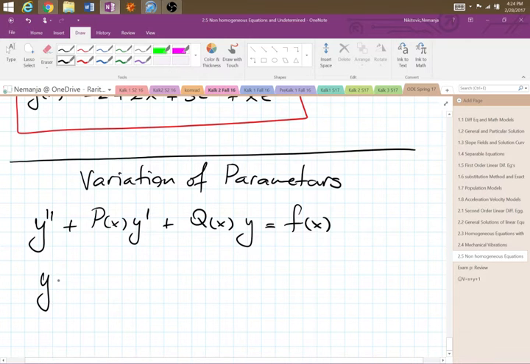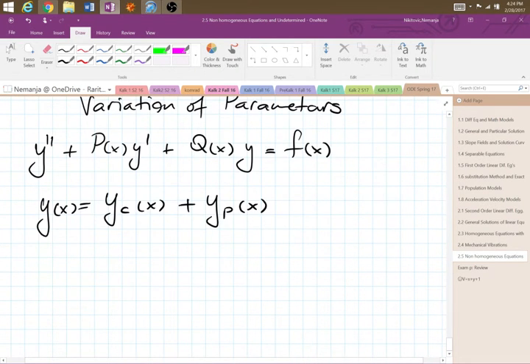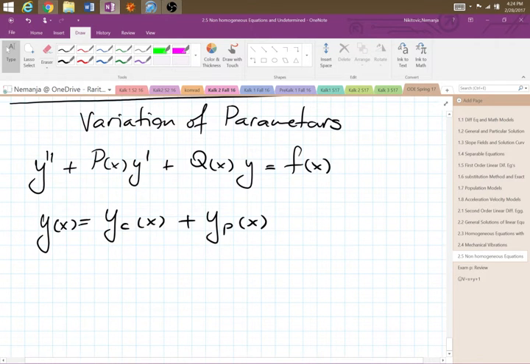Your solution is going to be yc of x plus yp of x, so the same in terms of you are adding the complementary to your particular solution. But now, and yc, this is just constant coefficient, so we know how to get that.